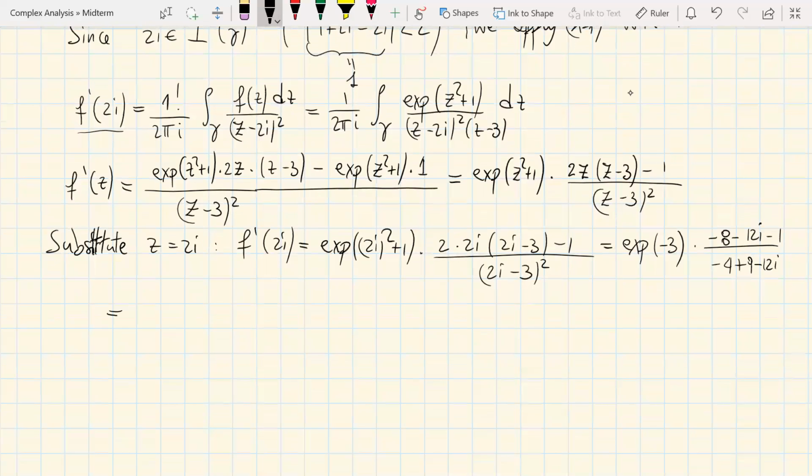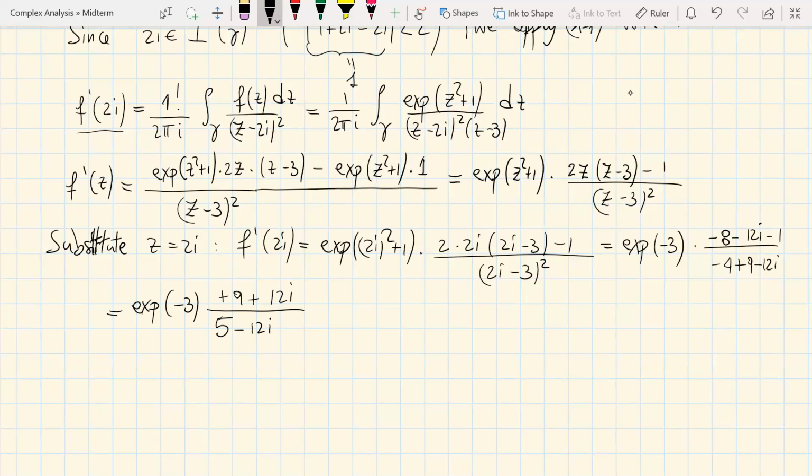So let me write this again. So this is 5 minus 12i. And then above we have minus 9 minus 12i.